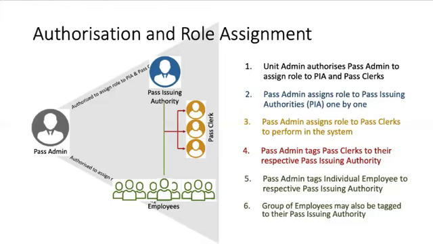Now we are taking you to the HRMS system, where you will see on actual system how different officials will be given their role, assigned their role, and how mapping would be done.